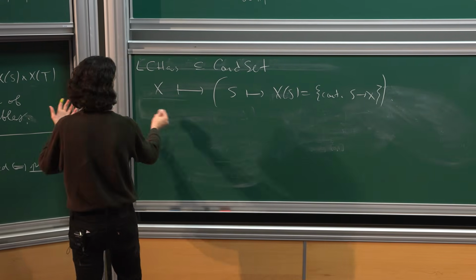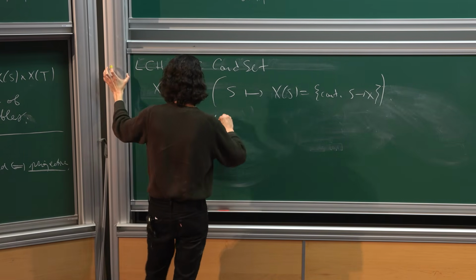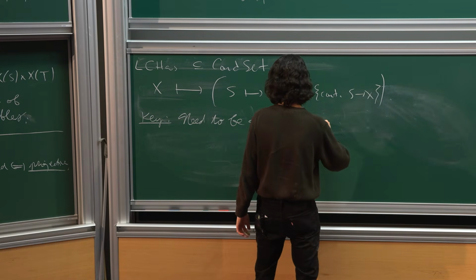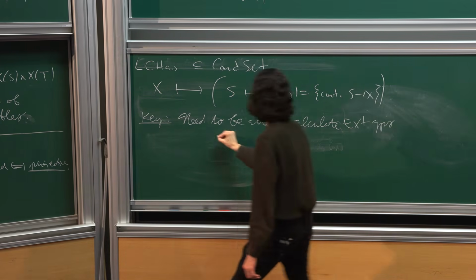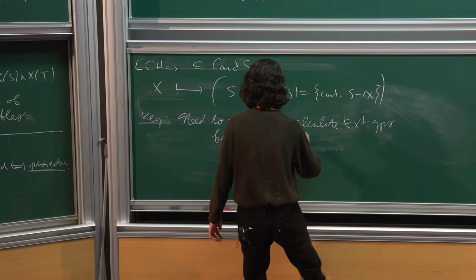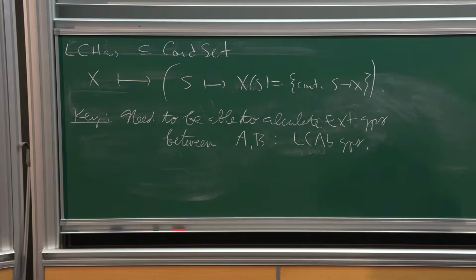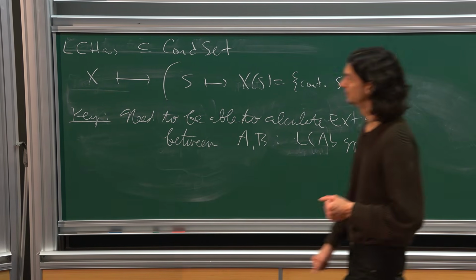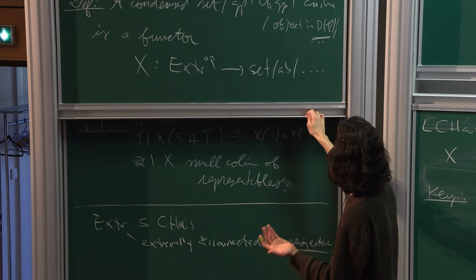So the key is that we need to be able to calculate Ext groups. So in the second axiom, a small colimit of representables, this makes sense when you go to sets. Yeah, it makes sense in Anima as well.